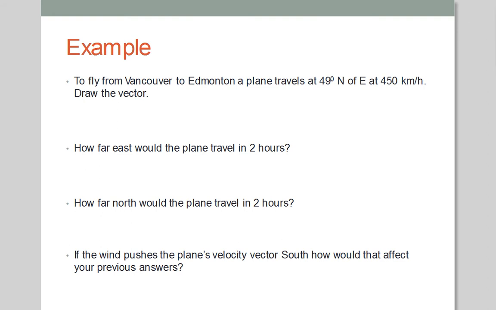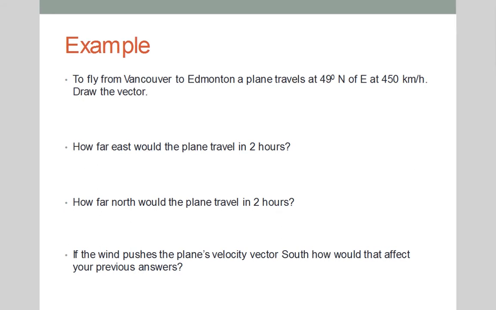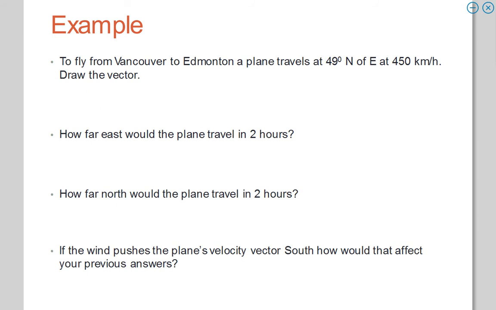Okay, let's try this one together. This is just going to be a very basic example of breaking down the velocity vector into its components. To fly from Vancouver to Edmonton, a plane travels at 49 degrees north of east at 450 kilometers.